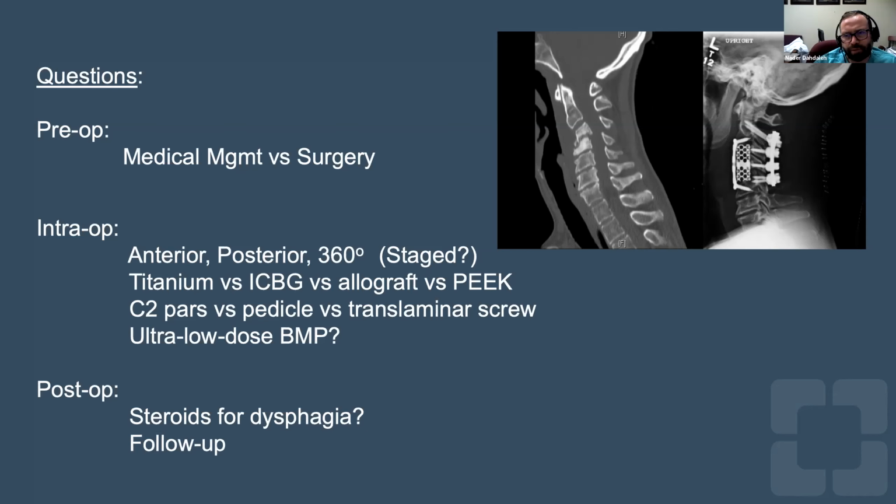I do pars screws, but this is a better screw. It's closer to a pedicle screw than a pars screw, obviously. Long and, I just do a pars screw. But definitely a pedicle screw is superior to a pars screw because it's a longer screw, for sure.